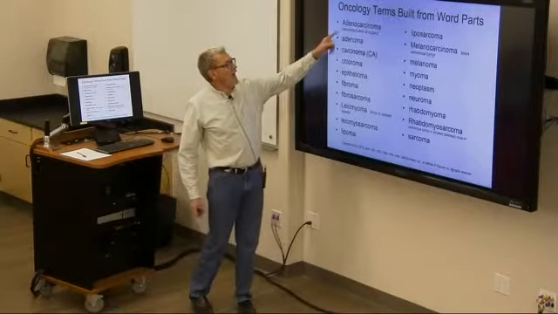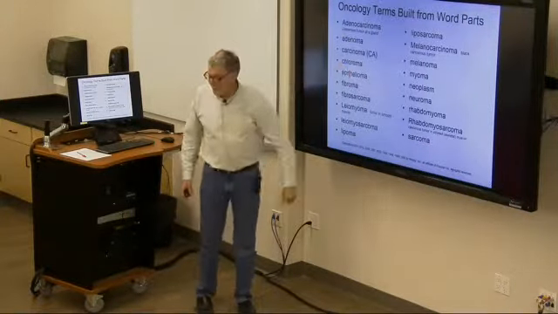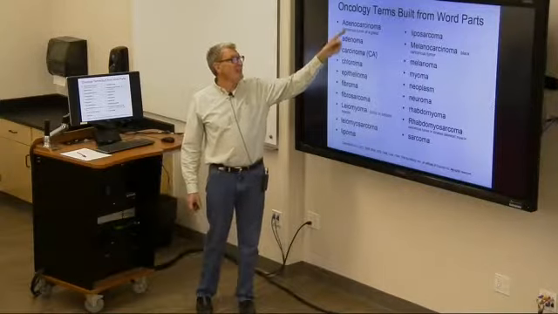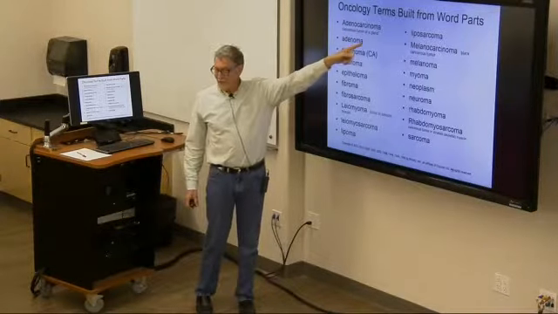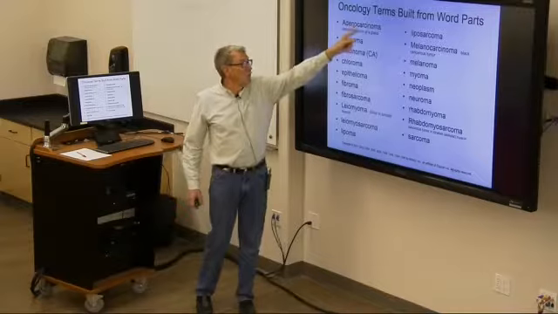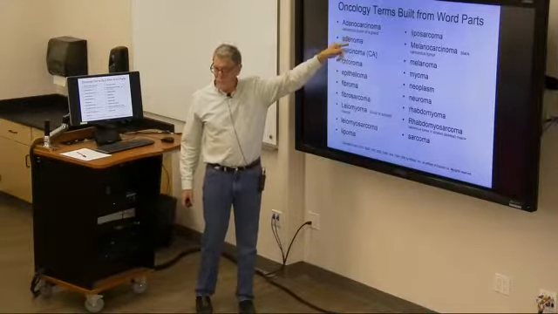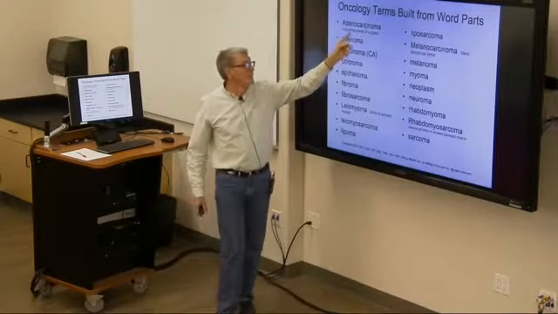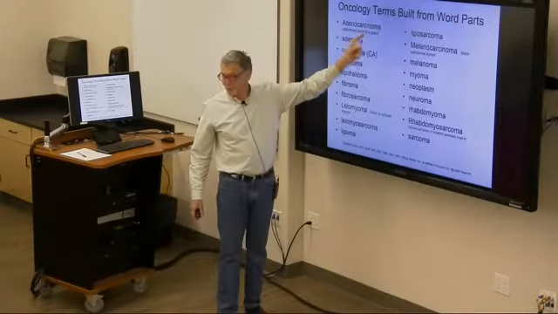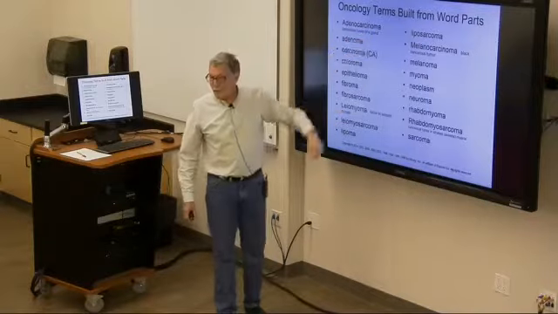What would be an adenocarcinoma? What's adeno? A gland. Cancerous tumor. Carcinoma: carcino means cancerous, oma means tumor.